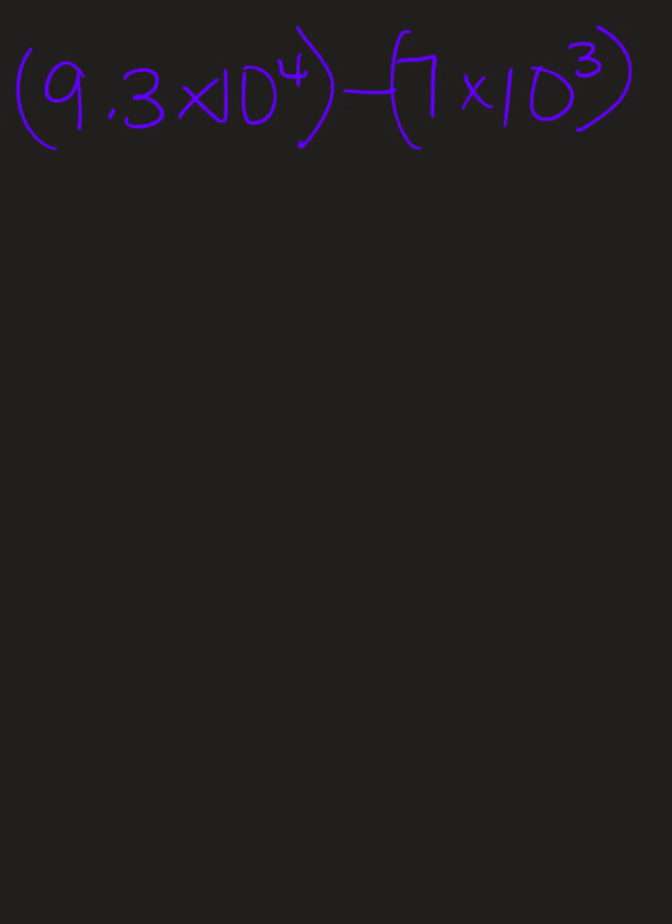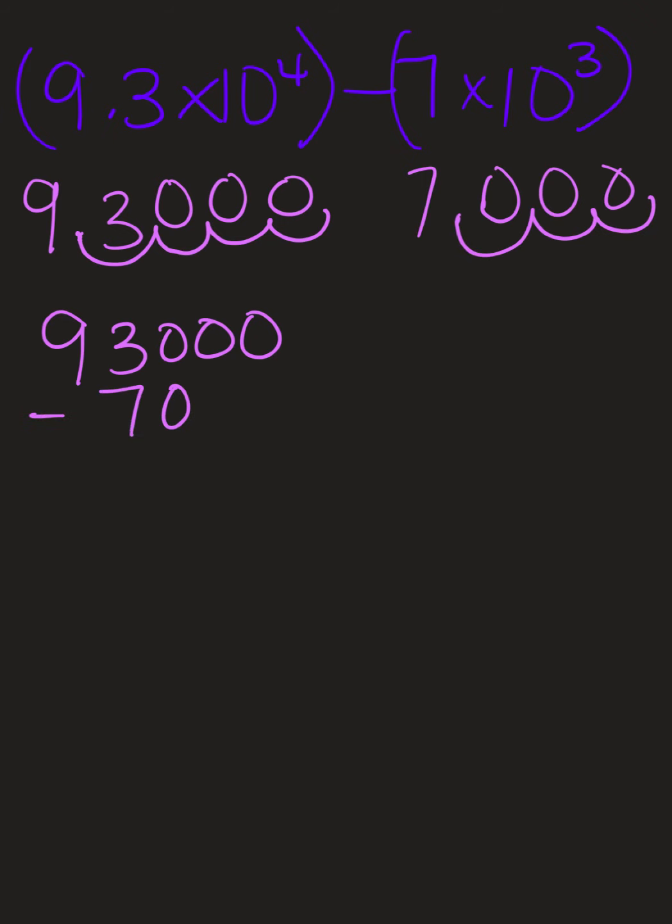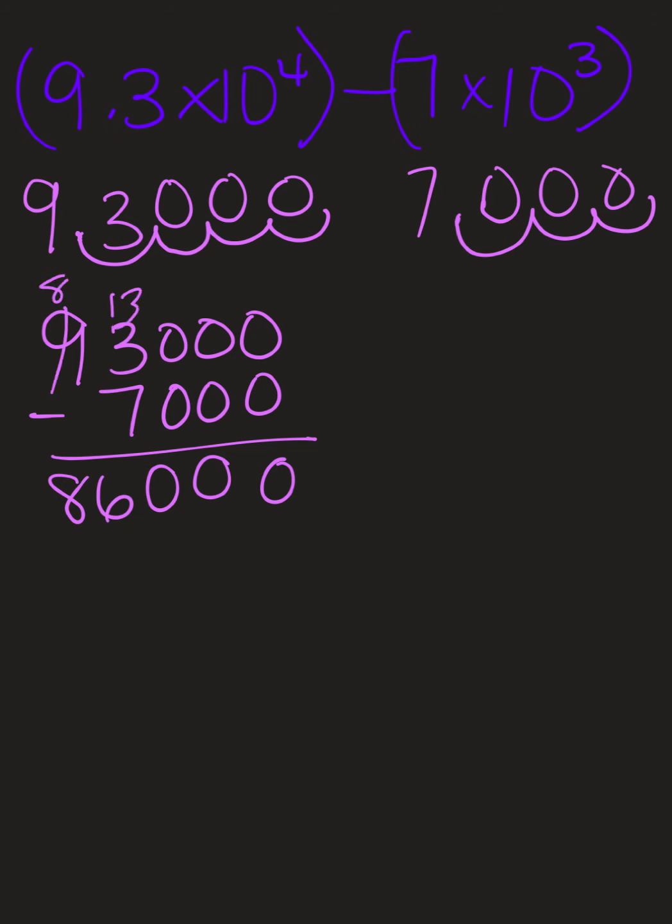So, standard form is one option. To change this number to standard form, 9.3 times 10 to the power of 4, I move my decimal 1, 2, 3, 4 places, so I end up with 93,000. And this 7 times 10 to the power of 3 means I'm going to move the decimal 3 times, and I end up with 7,000. So I'm going to line up my place value. 93 minus 7 is going to give us 86, I believe. 13, 8, yep.